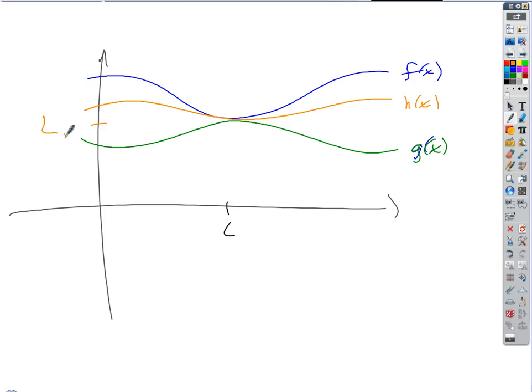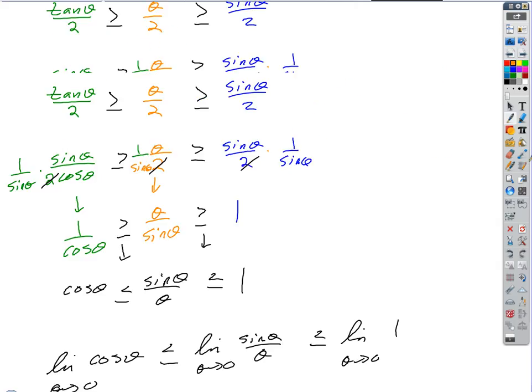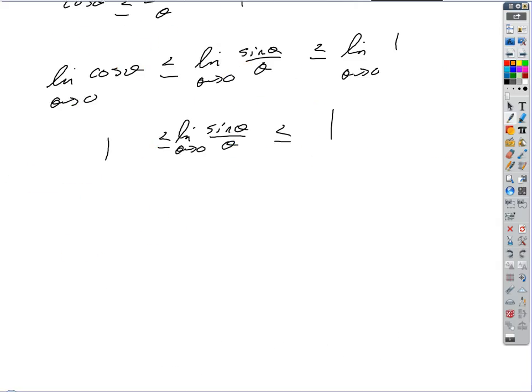Everybody agree? So that's our justification for that last step, right?